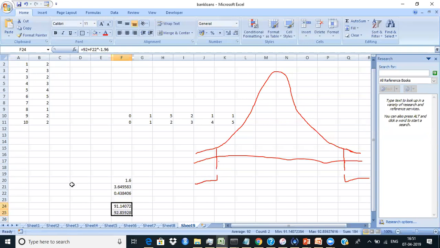So this becomes my interval. My acceptance region now becomes between 91 point something to 92 point something. What is the sample mean that I've got? 93 point something. So it is outside the acceptance region. So now what I say is that I reject the null hypothesis at 5% significance and do not reject the alternate.